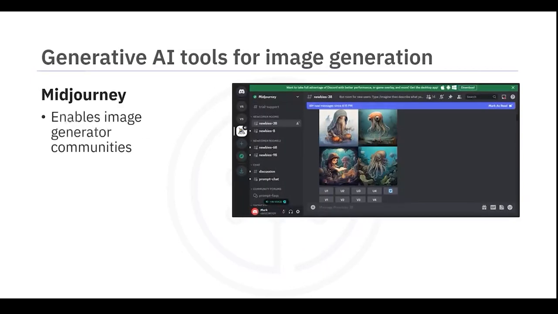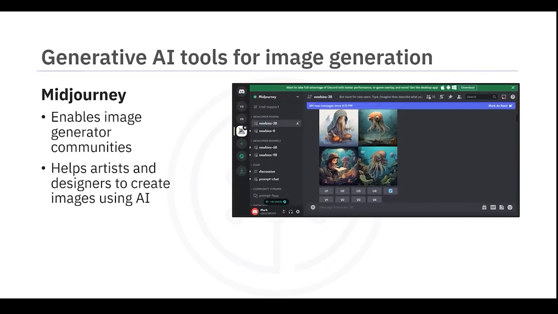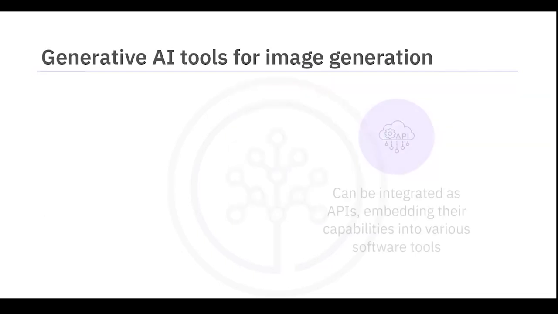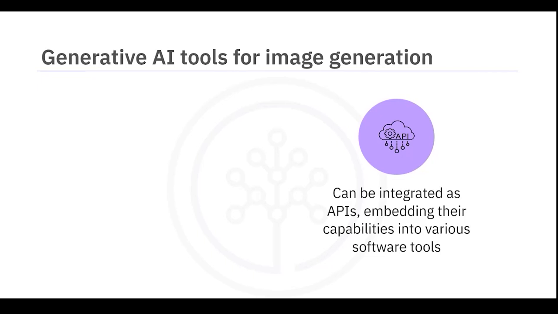MidJourney is a platform that enables image generator communities that help artists and designers to create images using AI and explore each other's creations. Many generative AI image generators can also be integrated as APIs to embed their functionality and capabilities into different software programs and tools.